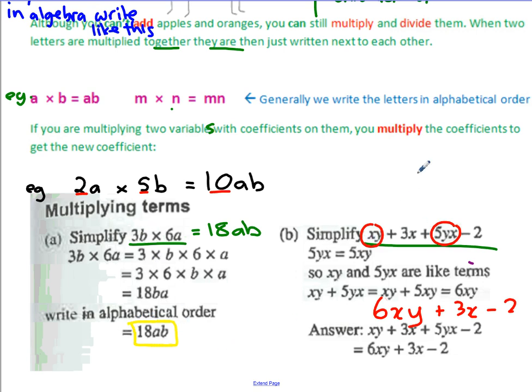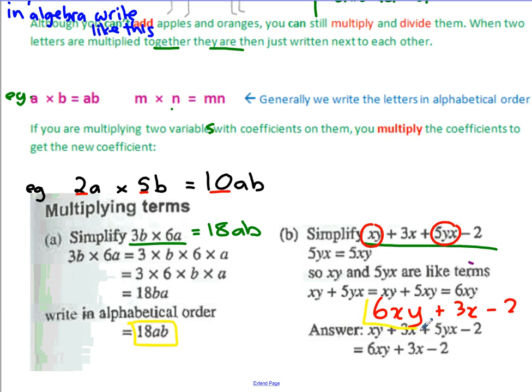Just to remind us though, when we're adding and subtracting, keep them separate. If we've got xy plus 3x plus 5yx minus 2, these are not like terms, but these two are like terms, because xy technically is the same thing as yx. So xy plus 5xy would give you 6xy. And then you've still got the plus 3x and the minus 2 going on there.